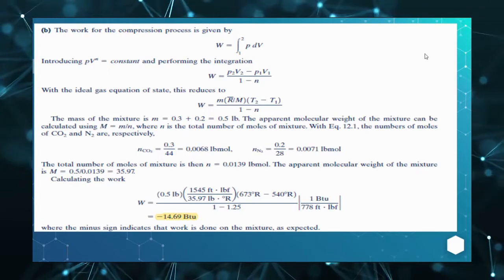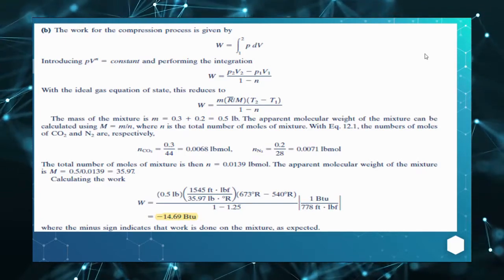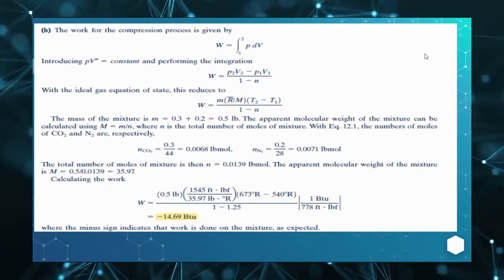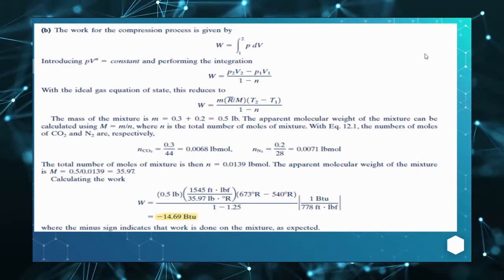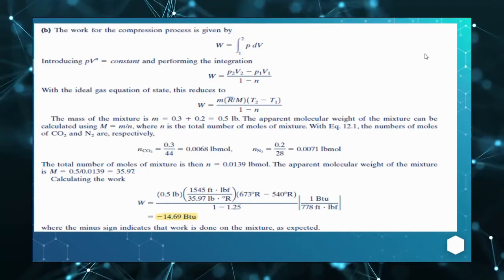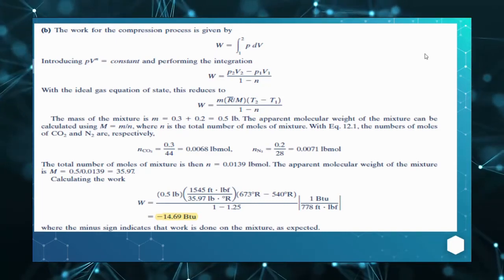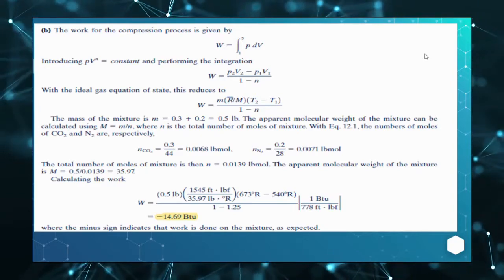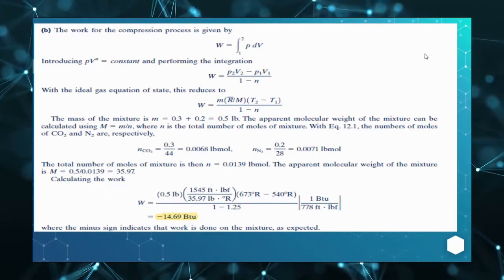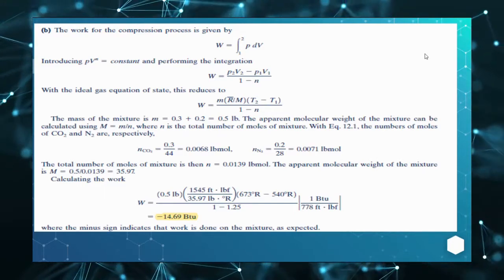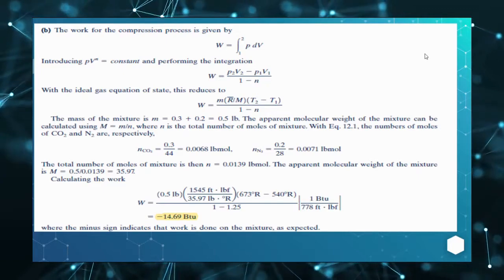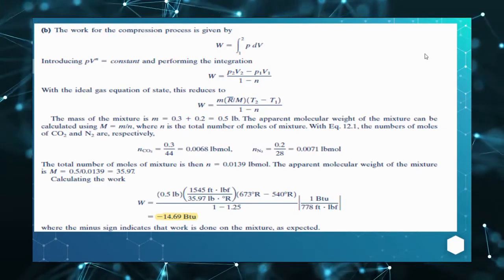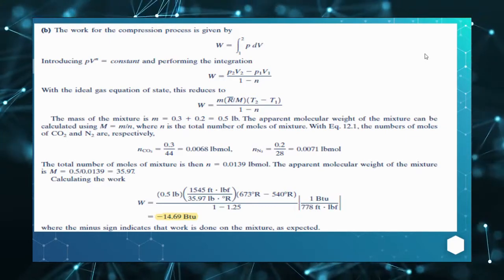The numbers of moles of carbon dioxide and nitrogen are respectively, for carbon dioxide, 0.3 over 44, which gives 0.0068 pound-moles, and for nitrogen, 0.0071 pound-moles. So, from the total number of moles of mixture, we can conclude that the apparent molecular weight of the mixture is equal to 35.97.